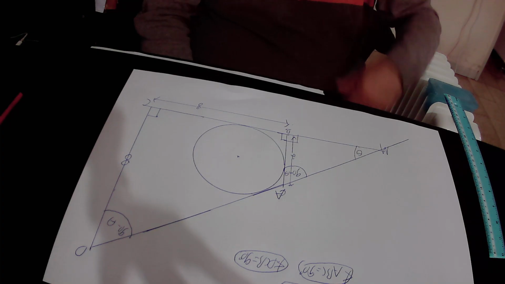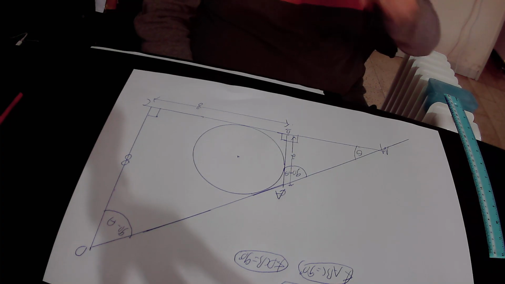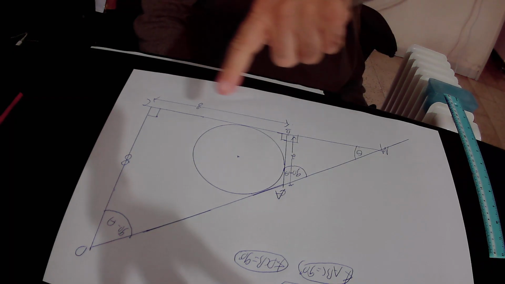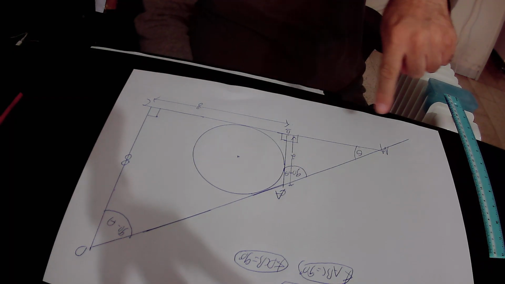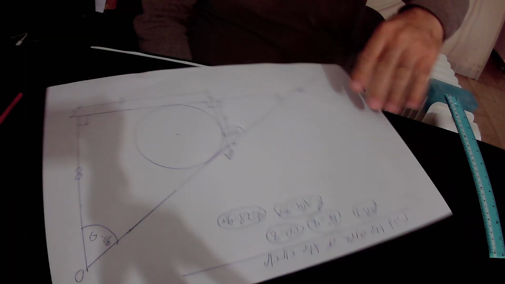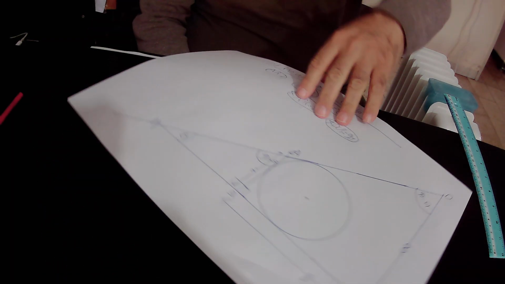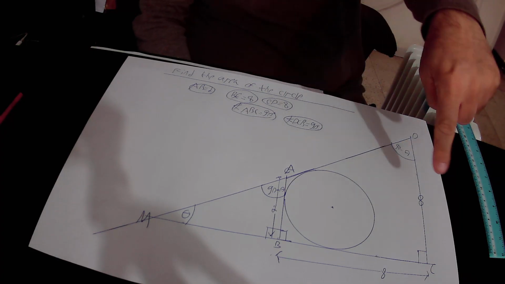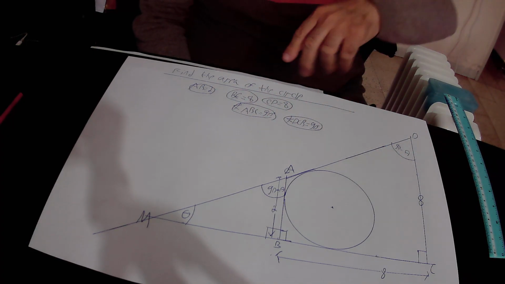Okay, triangle AMB. So in the next step, we will prove that the big right triangle DMC is similar to the small right triangle AMB.